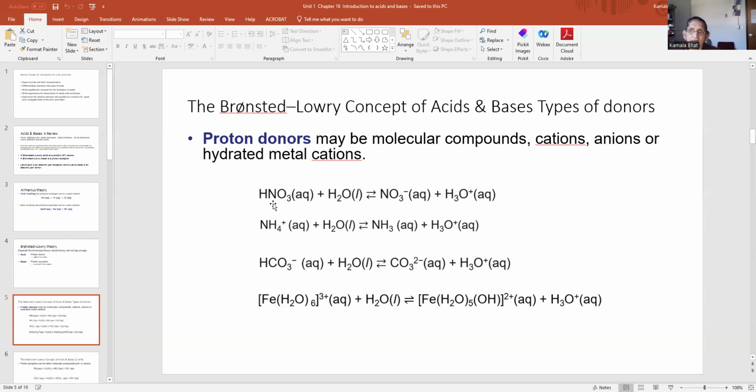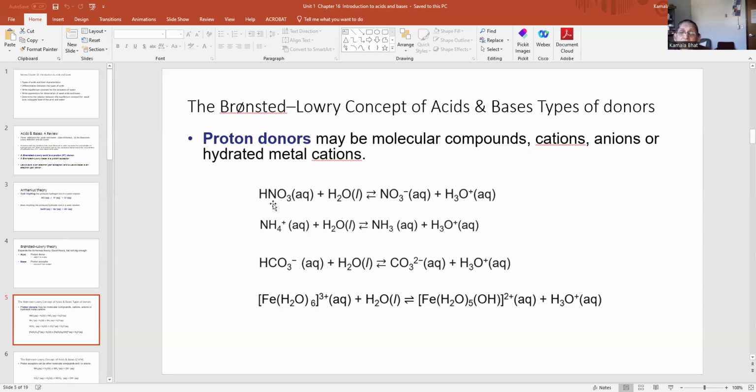Now, HNO3 is a molecular compound. Let us look at ammonium, a cation. The ammonium ion, NH4 plus, can donate a proton to H2O, which then becomes H3O plus, the acid part, and NH3 is the base.